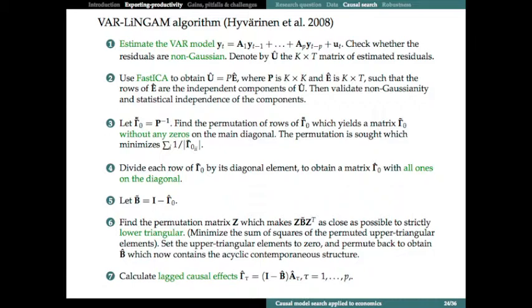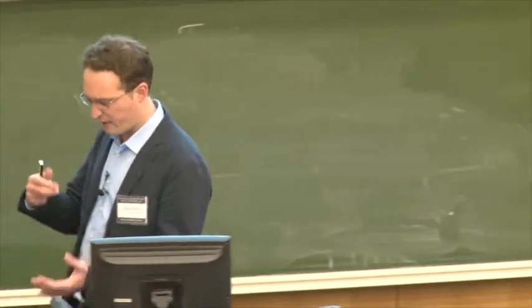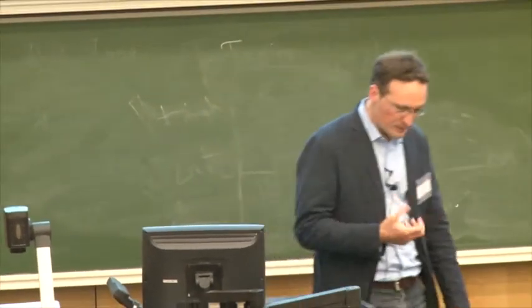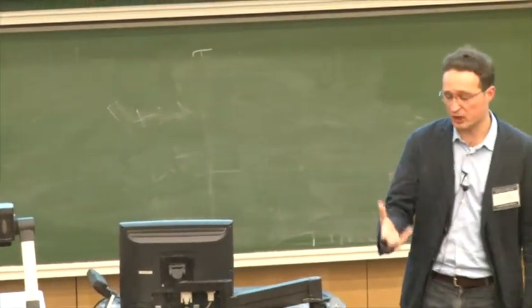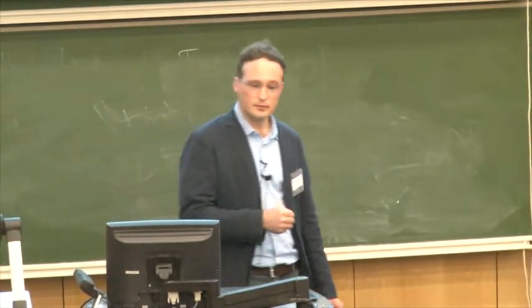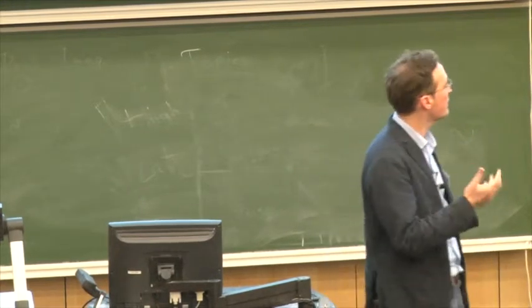And then you calculate the lagged effects. So to put it shortly, you assume that you have independent shocks affecting the system, and what you estimate is a mixture of these shocks, and you can recover the way by which these shocks have been mixed using this approach.